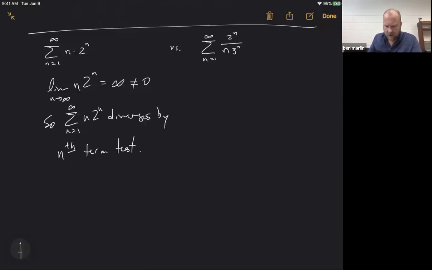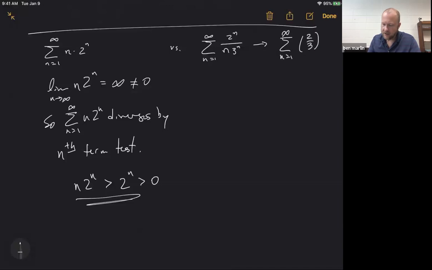So in any case, though, you could also have seen this by spotting that n 2 to the n is greater than 2 to the n, or that it's greater than n, either way, and then using a direct comparison sort of thing with it. This one over here, the thing that you're going to want to look at is that if you threw out the n part in that, this would be 2/3 to the nth power, right?